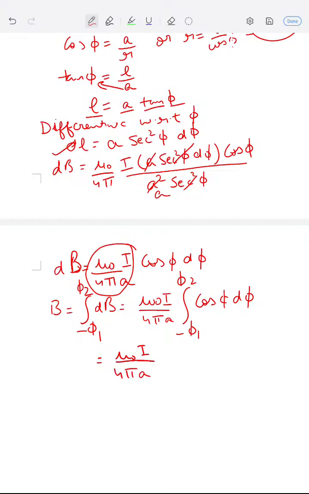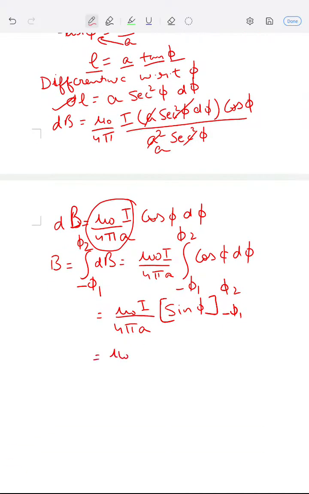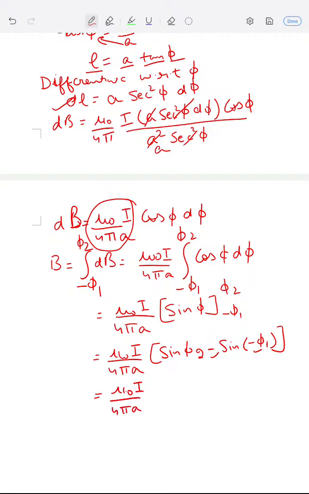What is the integral of cos φ? That is sin φ from minus φ1 to φ2. So μ0 I upon 4π a, sin φ2 minus sin of minus φ1. After solving, minus minus plus, μ0 I upon 4π a, sin φ1 plus sin φ2.